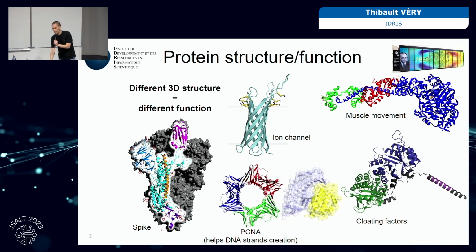So the depiction is, we want to see the structures. Mainly what we do is remove the side chains and just plot the backbone in a way that represents something different. So you want to have a different representation for the helices, a different representation for the loops, a different representation for the beta sheets.